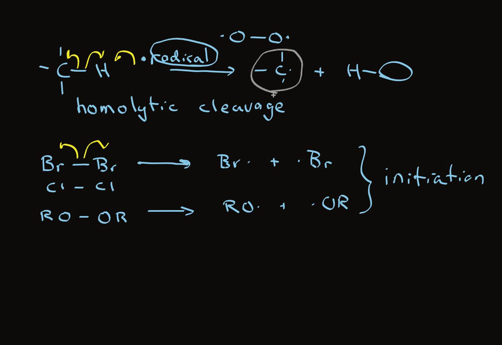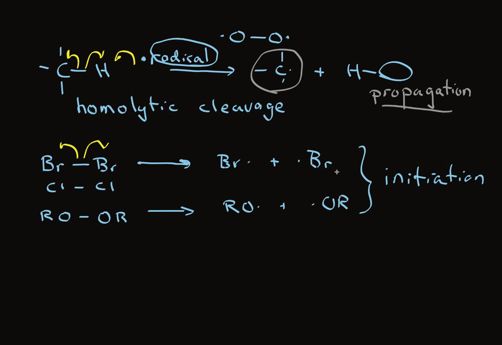And then this radical can react again in another step to form another radical and a stable product. And so this step is often called propagation. So we get propagation as a type of radical reaction.